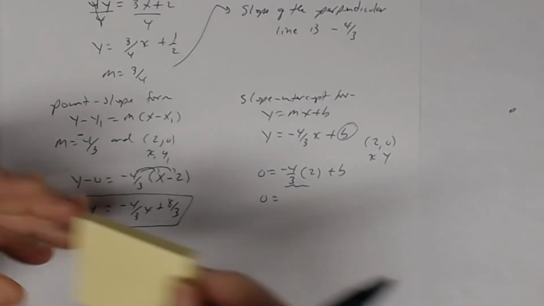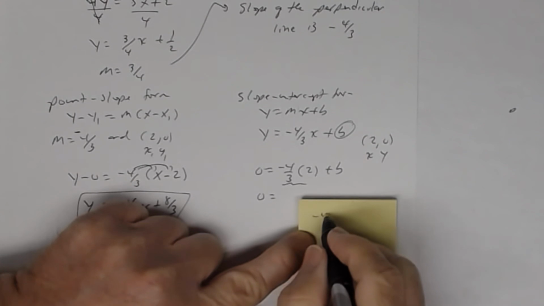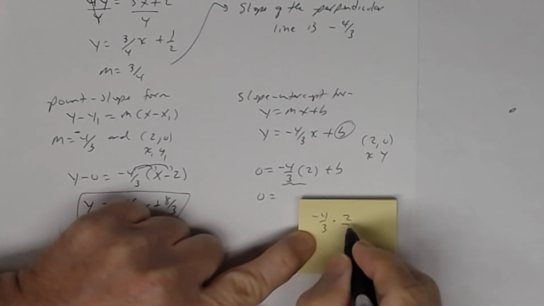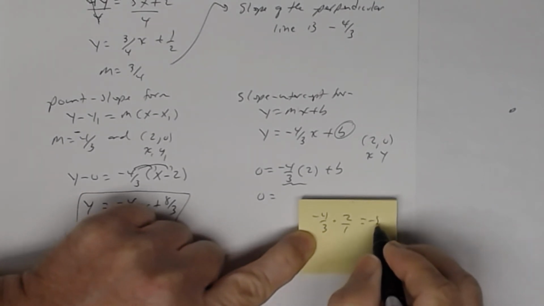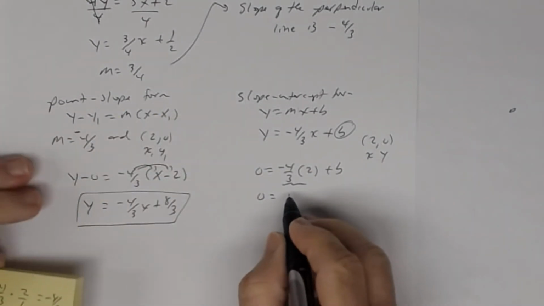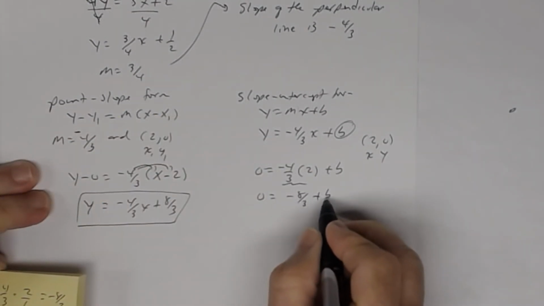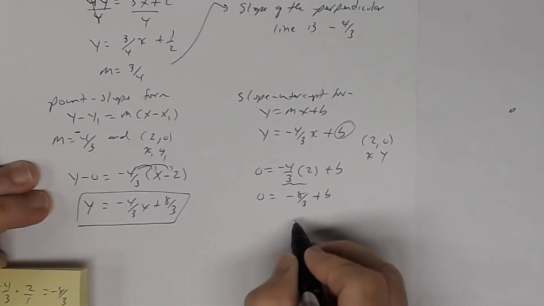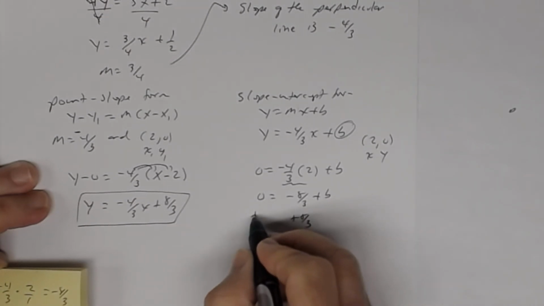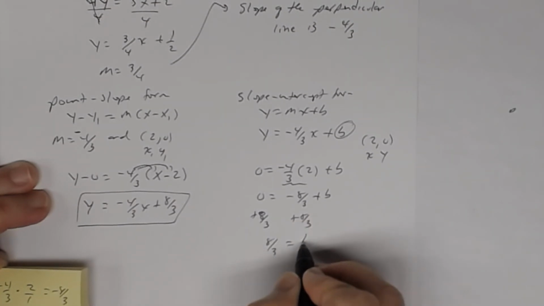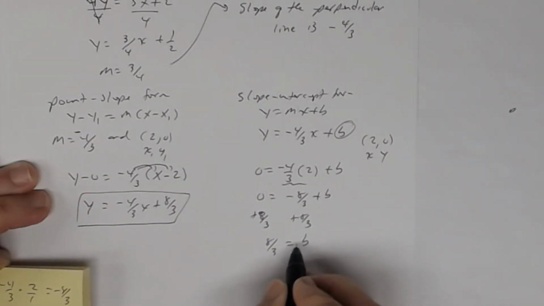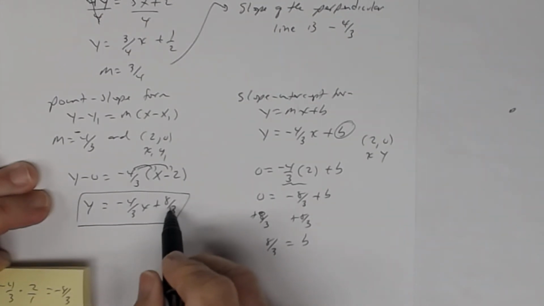Negative 4/3 times 2, which is 2 over 1, is negative 8/3. So that's negative 8/3 plus b. To get b by itself, I'm just going to add 8/3 to both sides. And so I get 8/3 equals b. And I knew that the y-intercept had to be 8/3 because this was 8/3 right here.